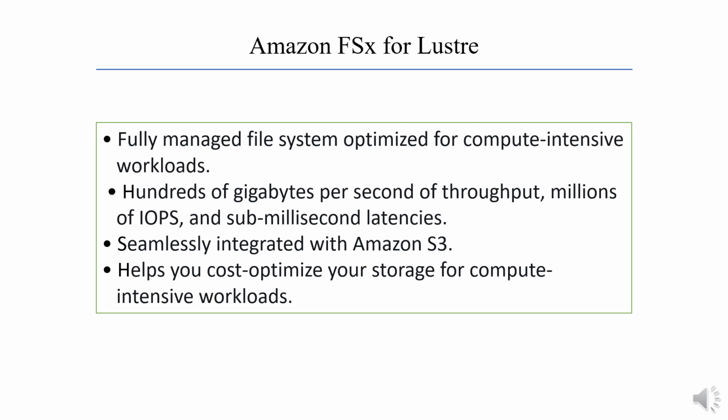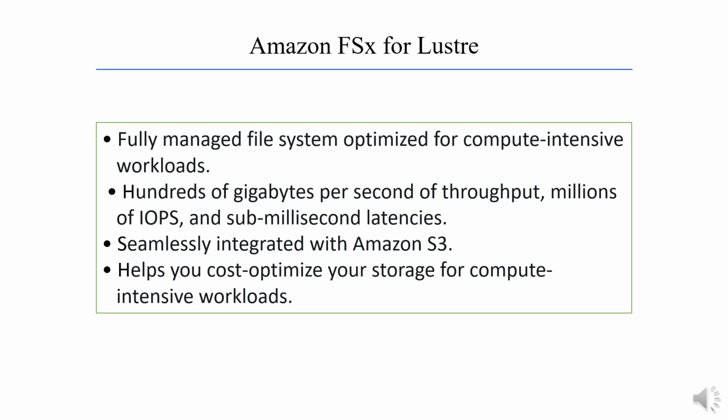Many of these applications require the high performance and low latencies of scale-out parallel file systems. Operating these file systems typically requires specialized expertise and administrative overhead, requiring you to provision storage servers and tune complex performance parameters.